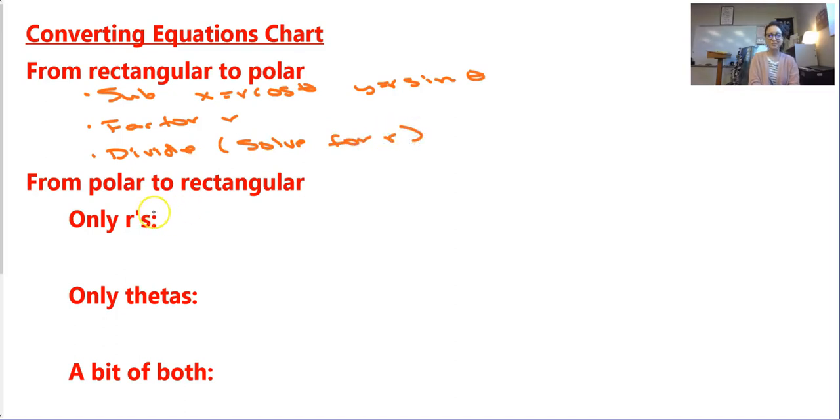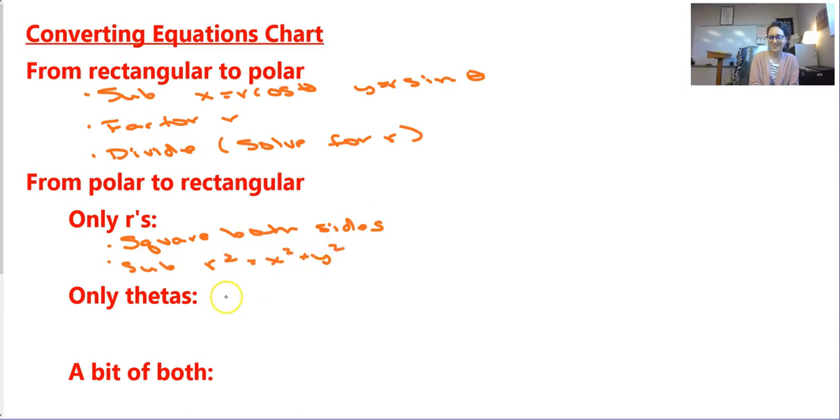Okay, now if you're going from polar to rectangular, we had a few extra strategies here, right? So if you have only r's, like that example we had of r equals 5, what we're going to do is square both sides, because this will always be a circle, right? And then we're going to sub that r squared is equal to x squared plus y squared.